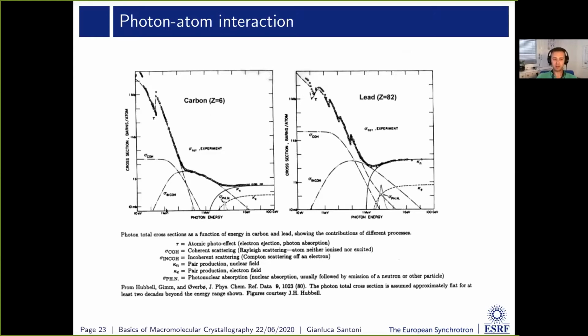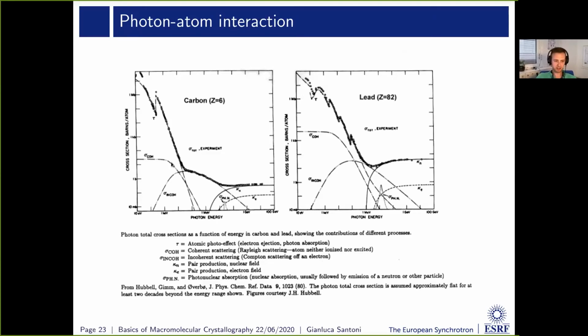So in the domain of X-rays, which is about here, where my mouse is pointing now, we can see we have two main phenomena that happen. One is the coherent scattering, what we call diffraction, which is what's important for us. And the other is the absorption, which is this big wave here, absorption by the photoelectric effect, of course. There are other effects that become important at higher energy.